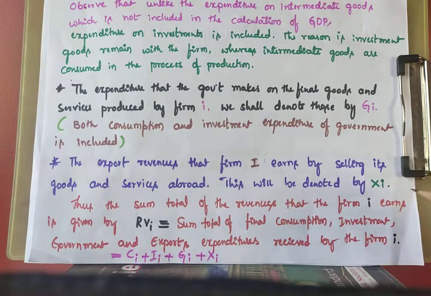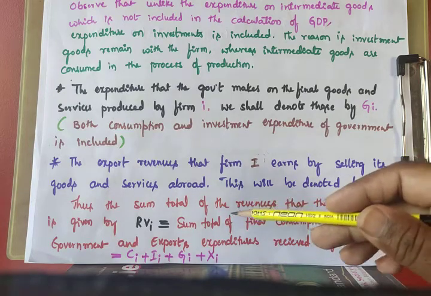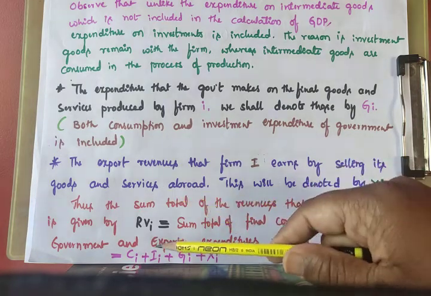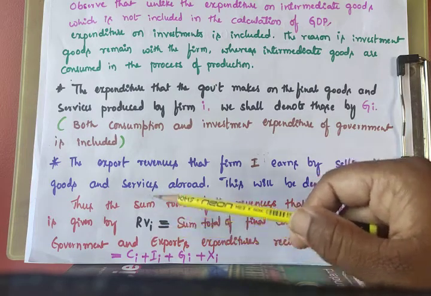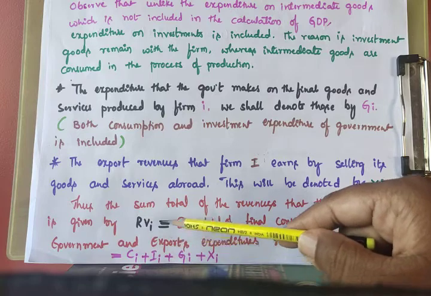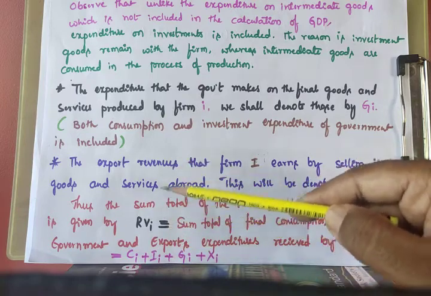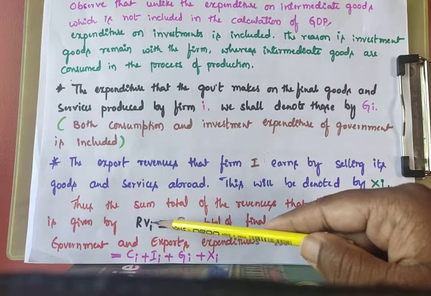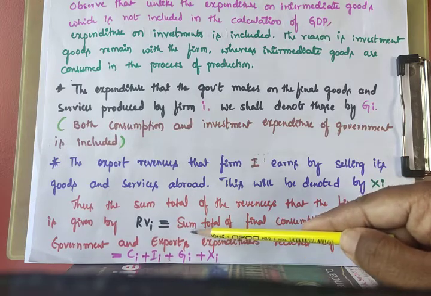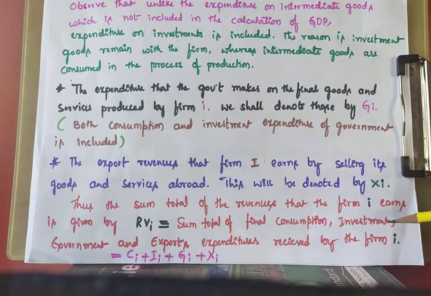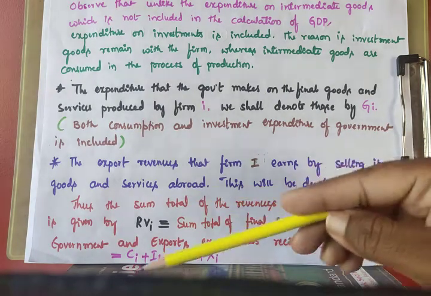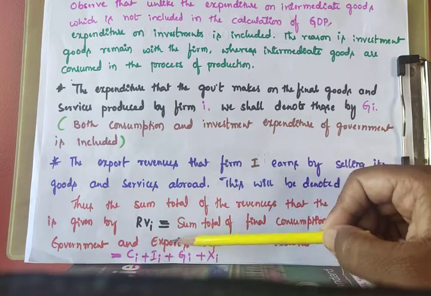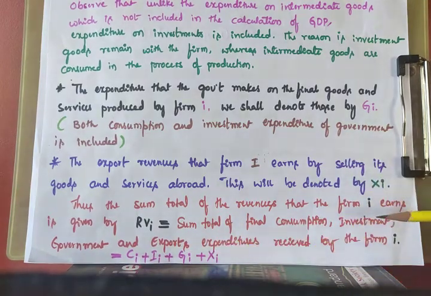So totally we can show that the sum total of the revenues that firm I earns is given by RVI, meaning revenues of firm I. We can calculate this through national income under the expenditure method: the sum total of final consumption C, final investment I, government expenditure on both investment and consumption G, and net X, that is exports expenditure received by the firm.